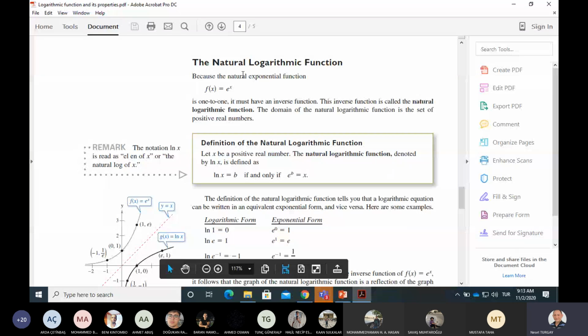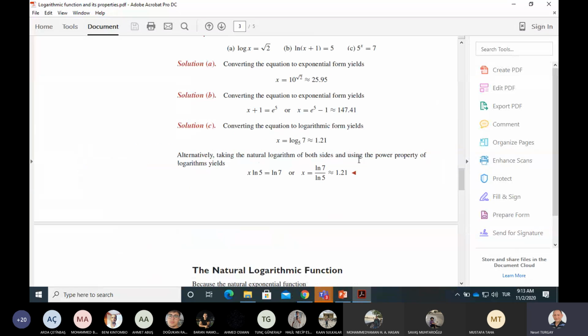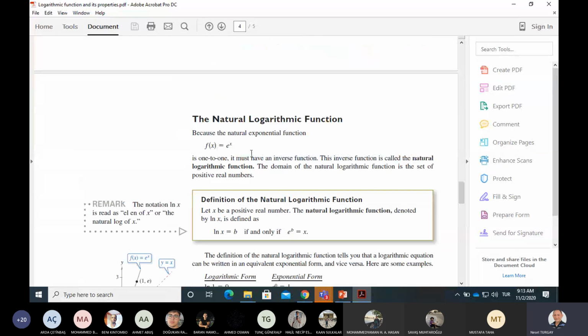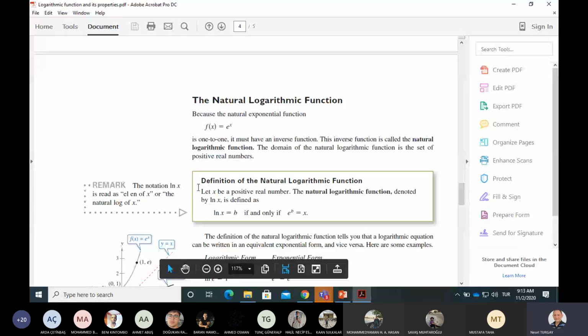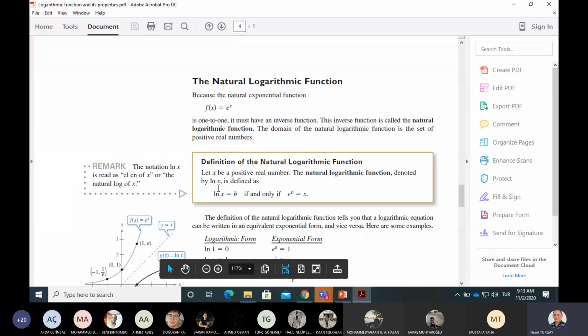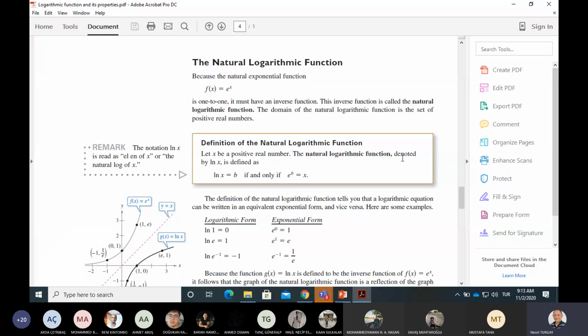The ln x is actually a special type of logarithmic function, but in this book it is explained in another way. So let x be a positive real number. The natural logarithmic function denoted by ln x is defined like this: ln x is equal to b if and only if e to the power b is equal to x. Actually, in ln x, your base is always e.